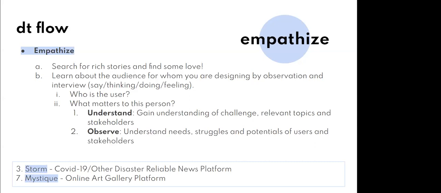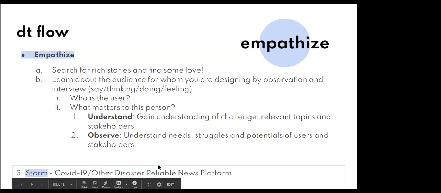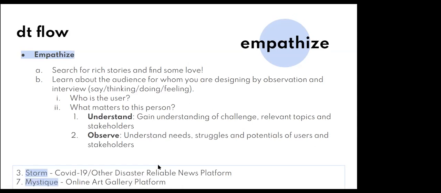Now, some of you would have already done some form of research, but you need to ask also, have you empathized through that research? Here we're wanting to learn about the audience and whom we are designing for by observation and interviews.